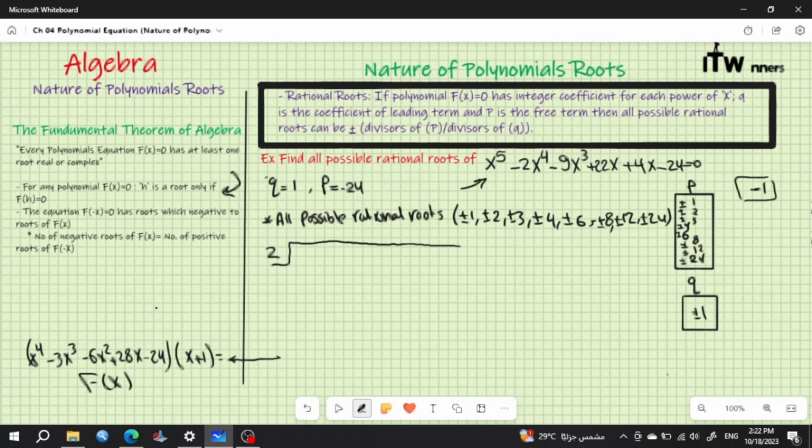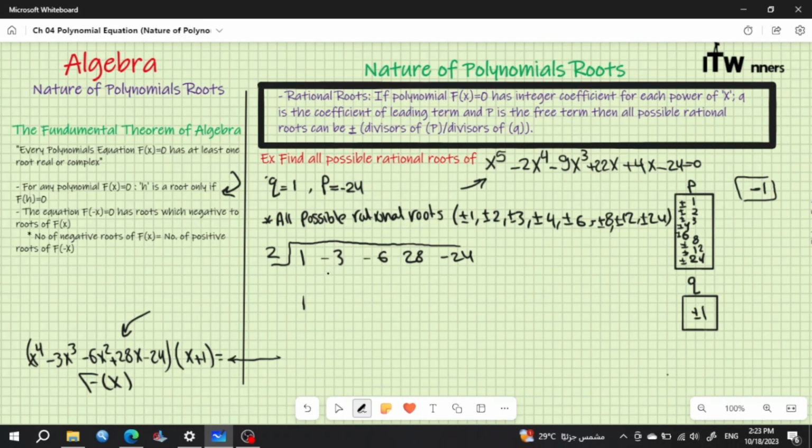Okay, just start with this quotient, as if this quotient is divisible by 2, then f of x is also divisible by 2. So let's start with the quotient. Here we have 1, negative 3, negative 6, 28, and negative 24. So let's start our synthetic division.